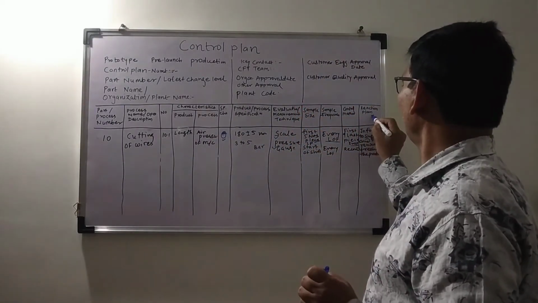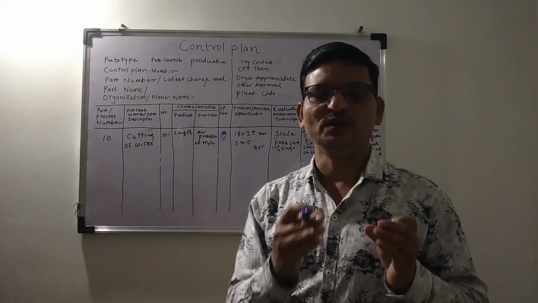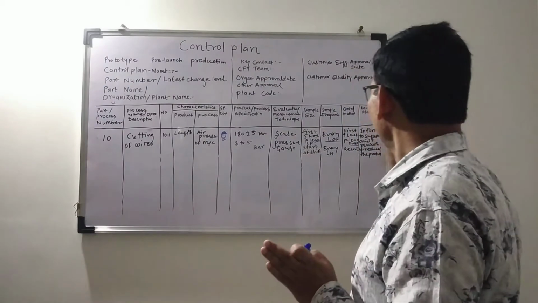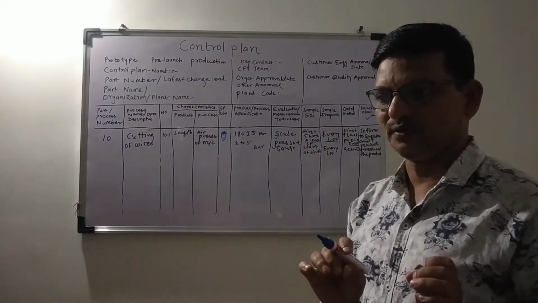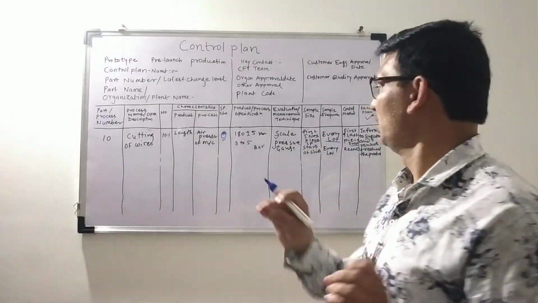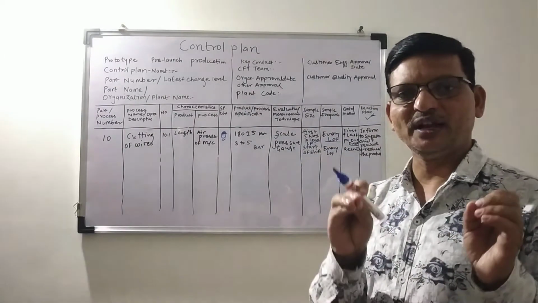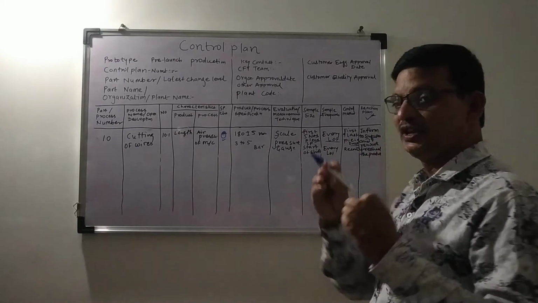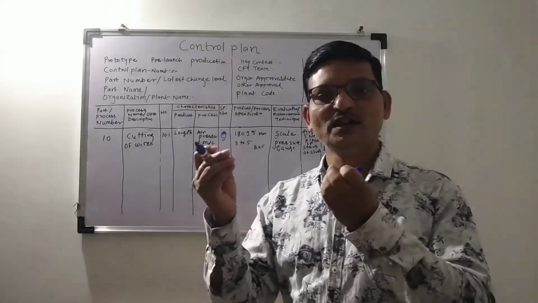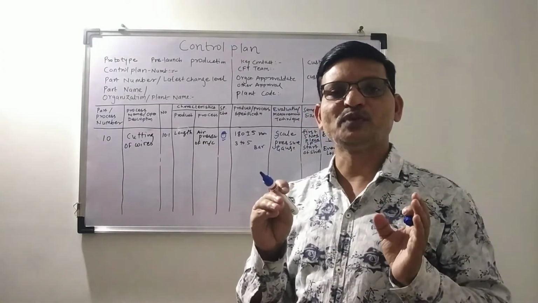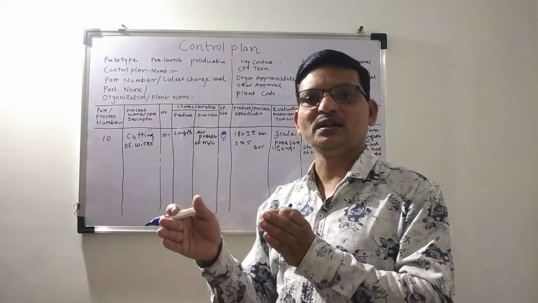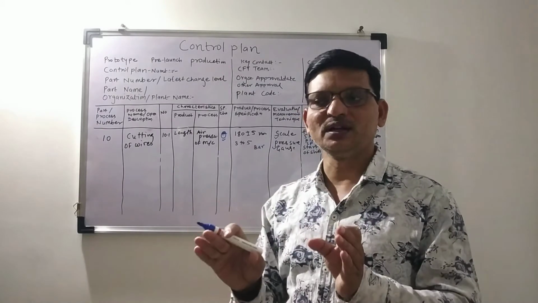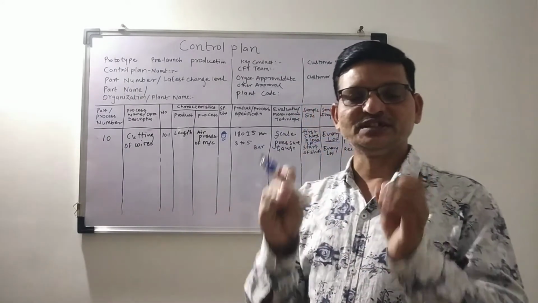Next, reaction plan. If any defect is found, what to do, that is very important. So the control plan mentions that the reaction plan is very important. If the operator finds any variance or any defect, the operator will inform his superior or supervisor, and the supervisor will rework or stop the machine, then recheck and rework or change the setting.